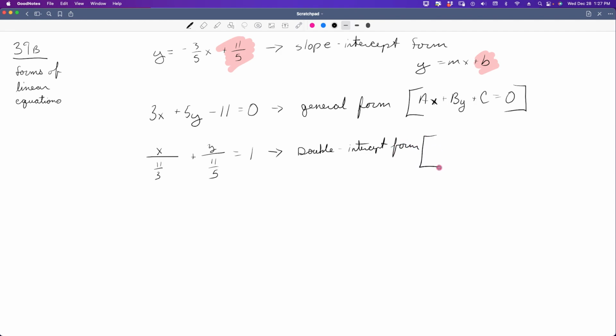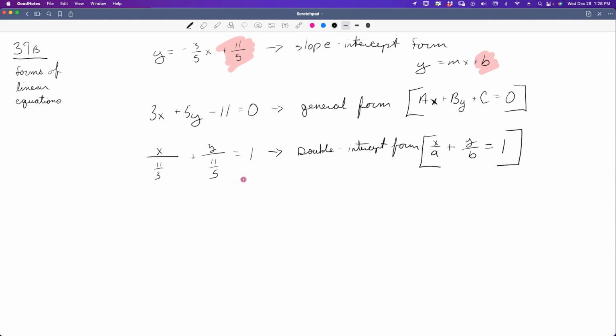That form specifically is going to be x over a plus y over b is equal to 1. If you look at your slope-intercept form, then you've got your a and your b. This is your a and this is your b, and then your c is going to be the numerator for both the a and the b whenever you have that type of thing.